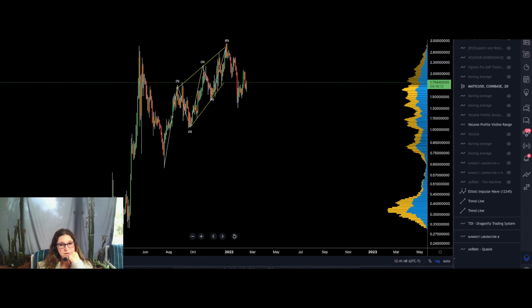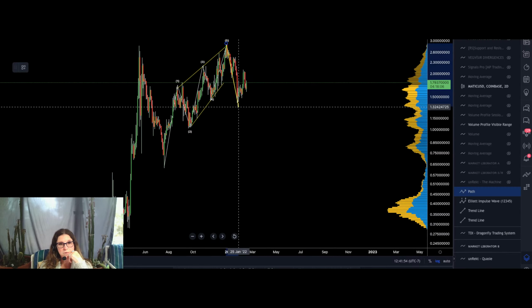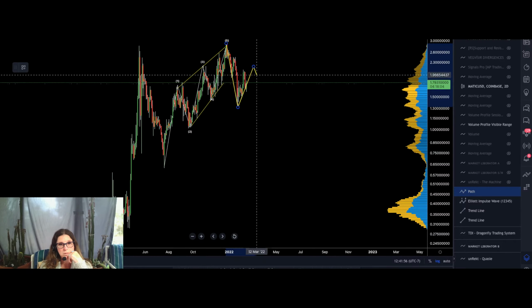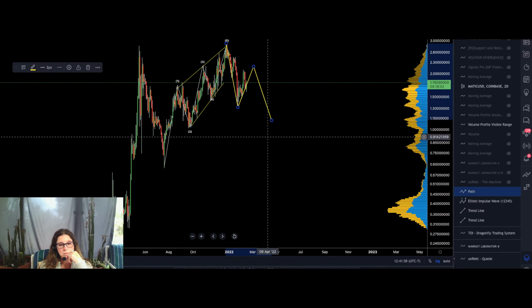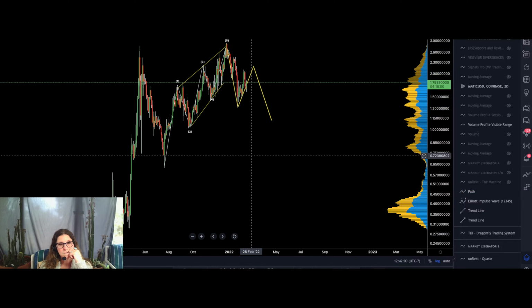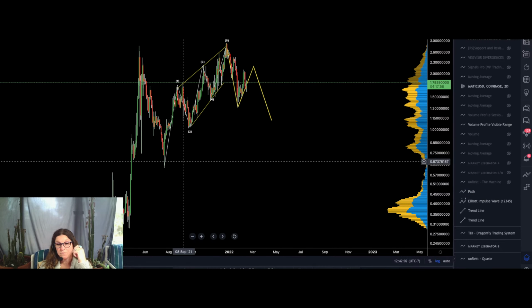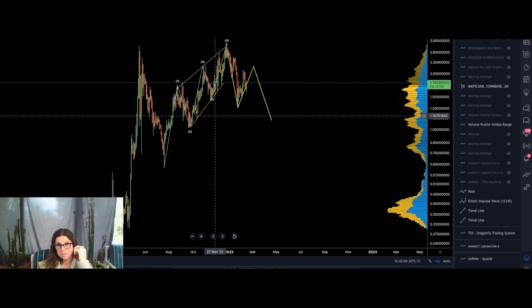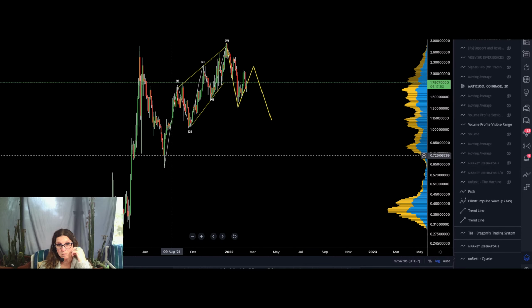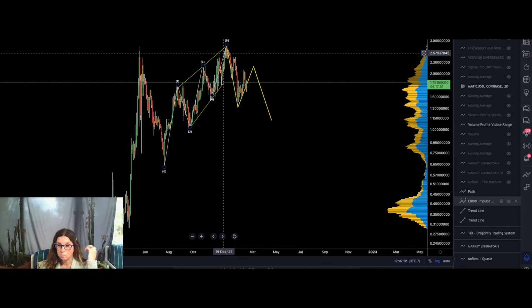Which means if that is the case, they like to come back to their wave twos, like I said before. And if that is a leading diagonal, that means it's a wave one, like a huge wave one.